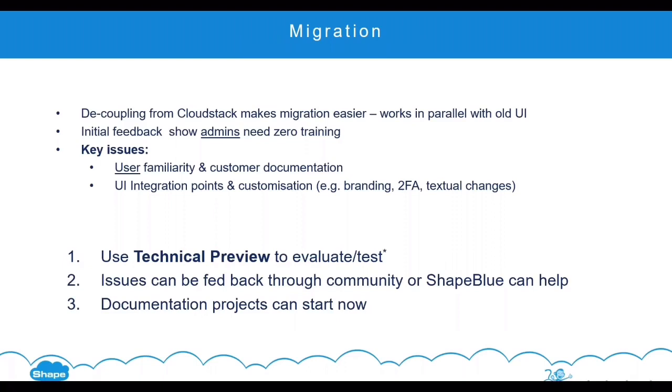In terms of migration, we're predicting this should be relatively easy up to a point. As Rohit stressed there, we've decoupled the UI, Primate, from the management server. So you can run, certainly with 4.14, 4.15, the old UI and the new UI in parallel.